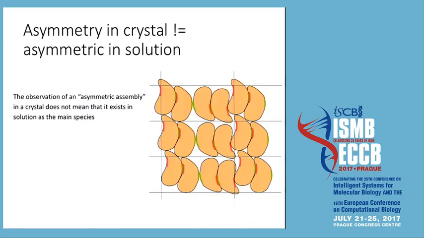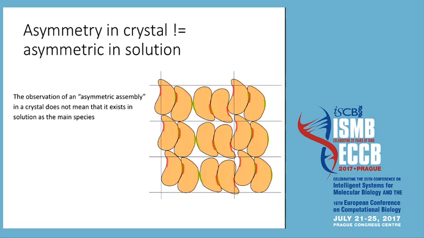Having said that, it's important to say that observing asymmetry in a crystal doesn't mean that there's an asymmetric assembly solution. This happens sometimes: there is a certain heterologous interaction in the crystal that is not really extended, but is rather capped by other molecules around.